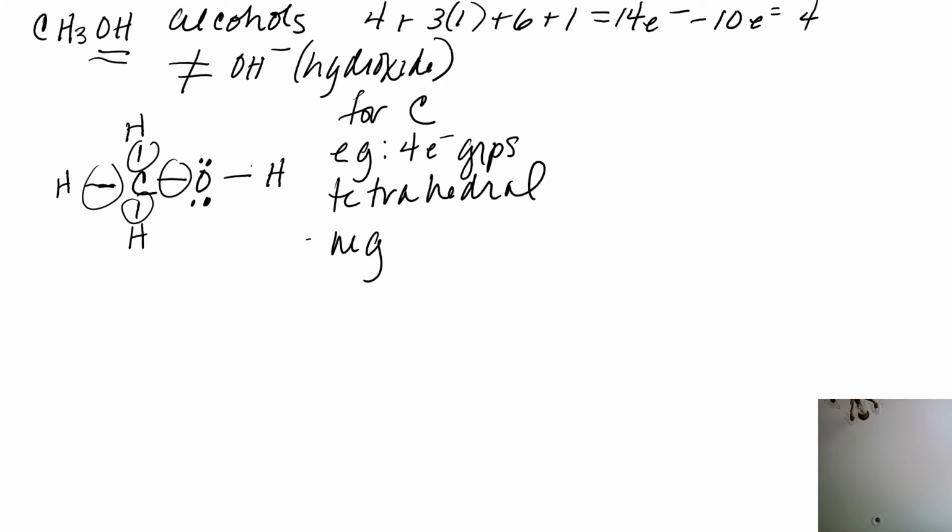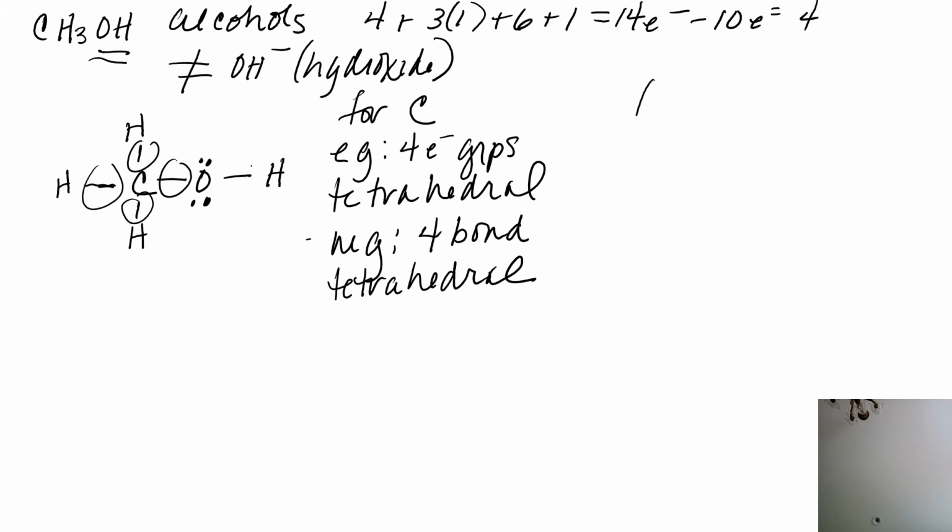And molecular geometry will be the same because they're all bonding groups. In other words, we don't have any lone pairs on the central atom, that carbon, so that will be the same geometry.